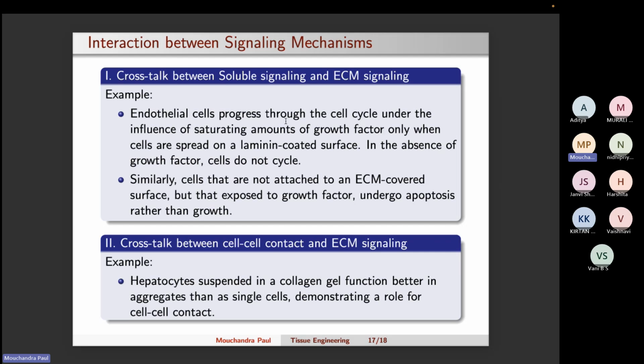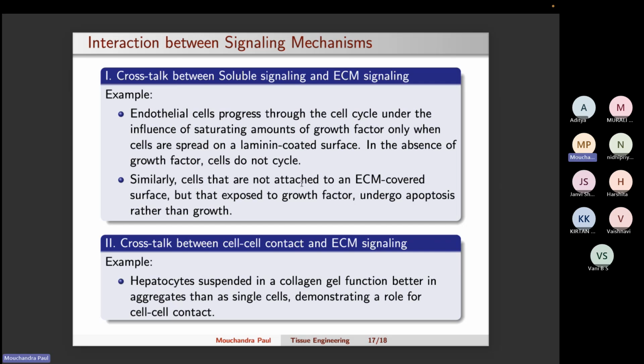Only when the amount of cytokines is at a very high level will the endothelial cells be triggered to undergo cell division. But this will only happen when the cells are spread on a laminin-coated surface. If the surface is not coated with laminin, the cells will not respond to the saturating level of cytokines and the cell cycle will not happen.